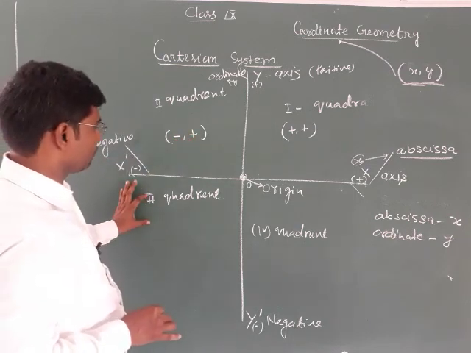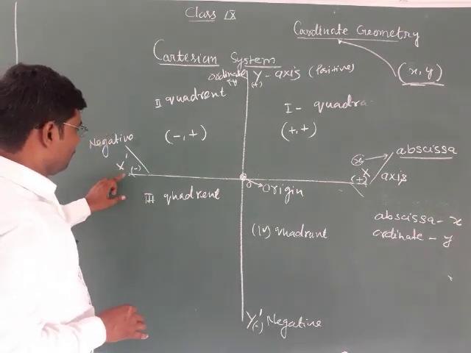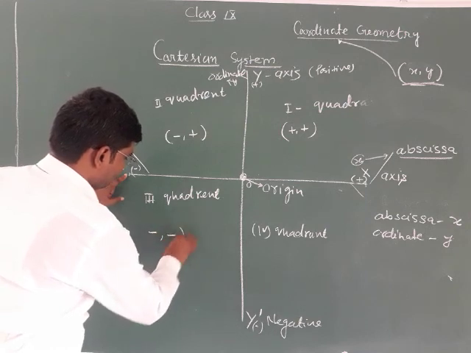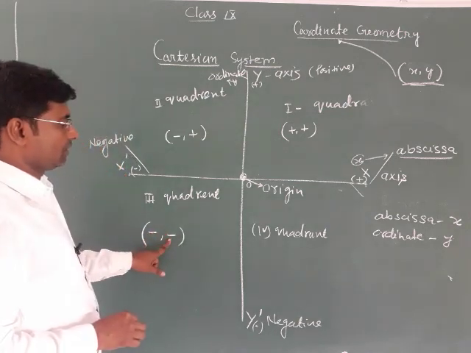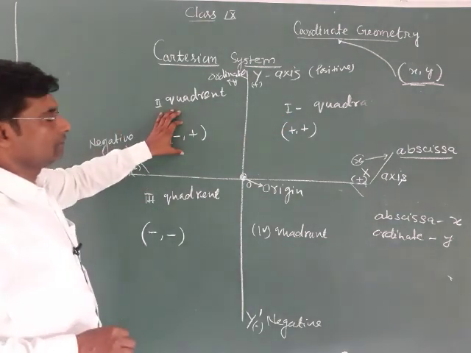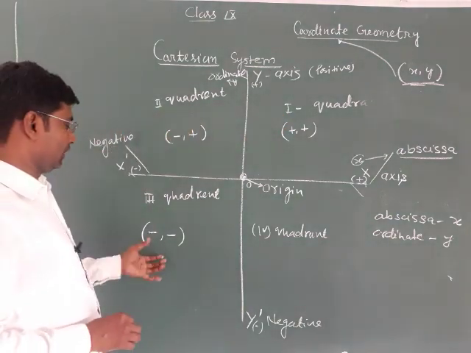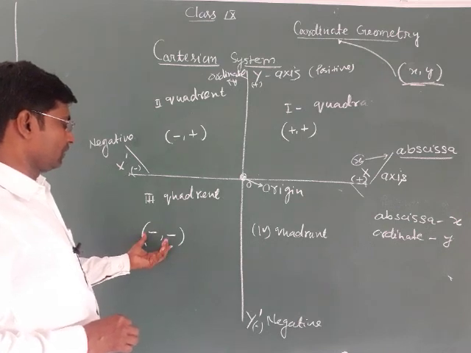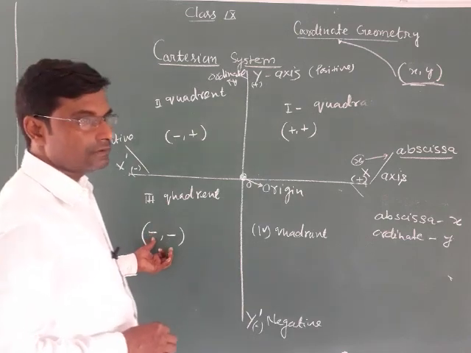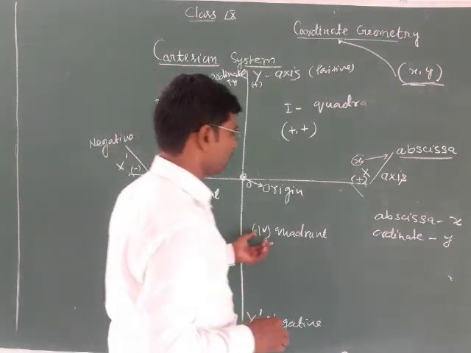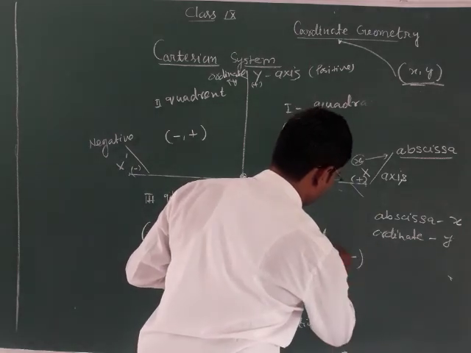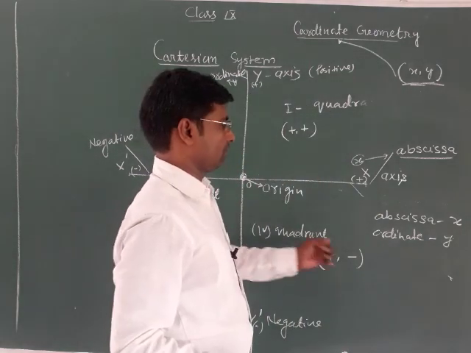And in the third quadrant, abscissa is negative and ordinate is also negative, minus minus. The first quadrant is positive positive, the second is minus plus, the third is both negative, and the fourth quadrant has abscissa positive and ordinate negative, plus minus.